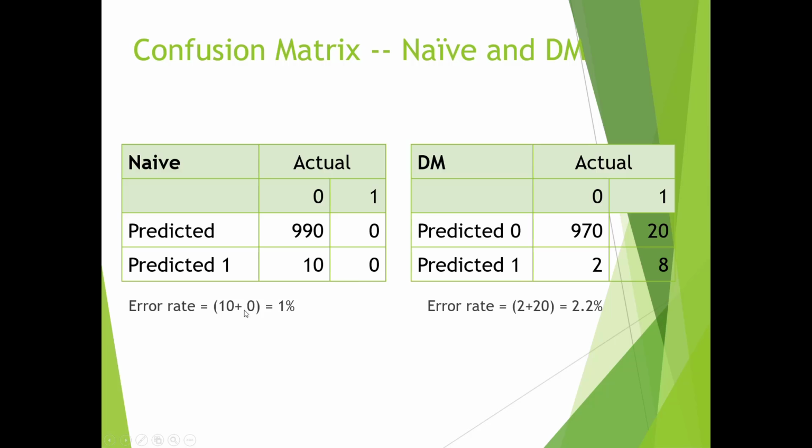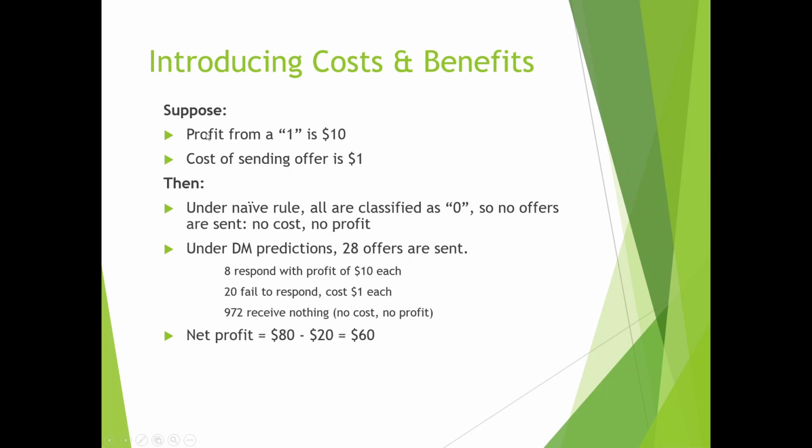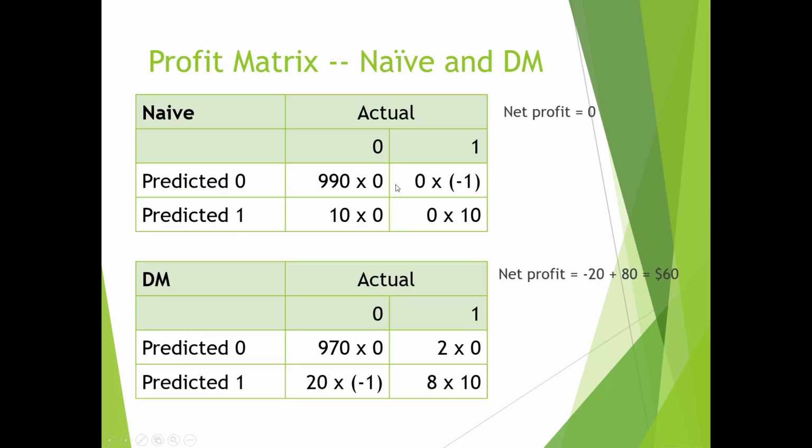But if we associate different costs to it, say profit from a 1 is $10 and cost of sending offers is $1, then if you predict 0, we are not sending anything. If we're predicting 1, we're going to be making $10.